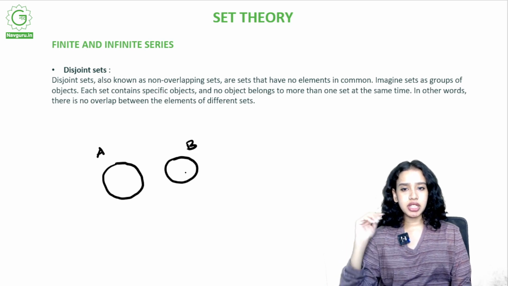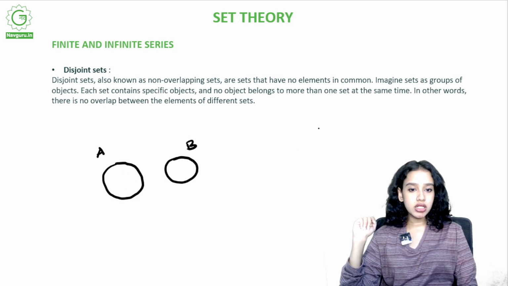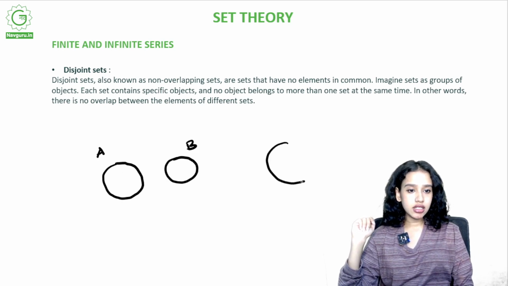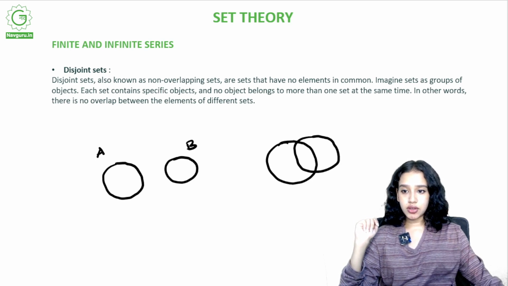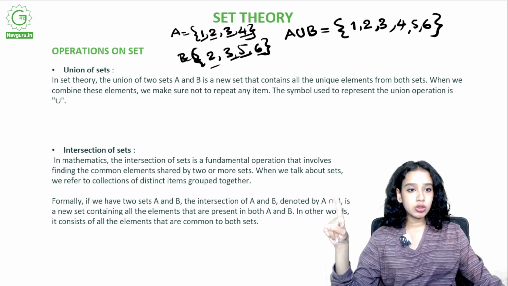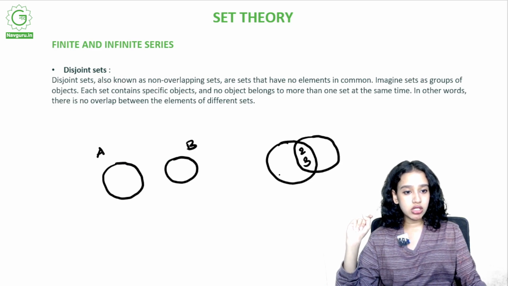Now let's say A is something and B is something. Now we have something in common. In the example we took here, we have 2 and 3 common in both. So we write 2 and 3, which is common.